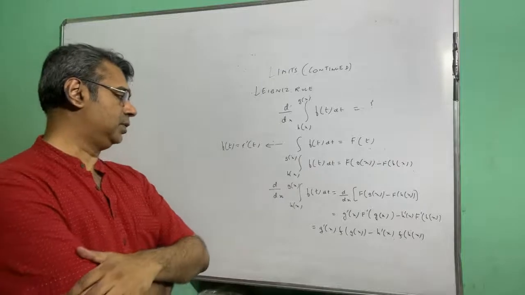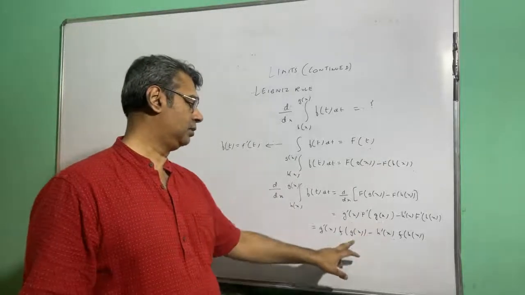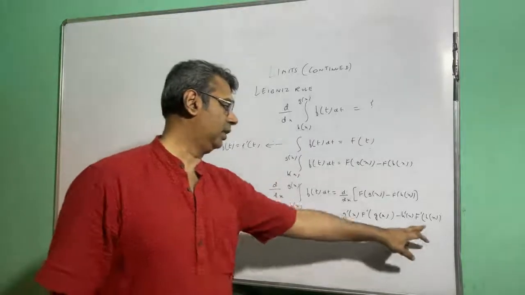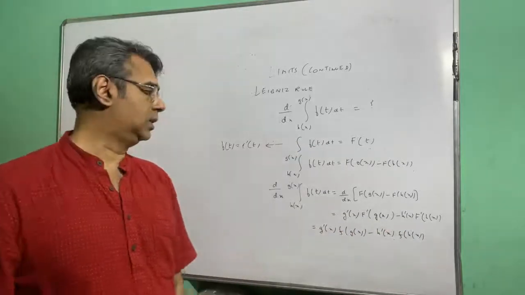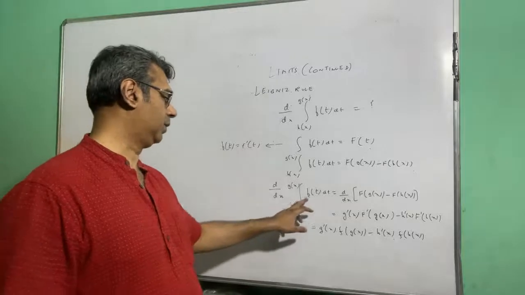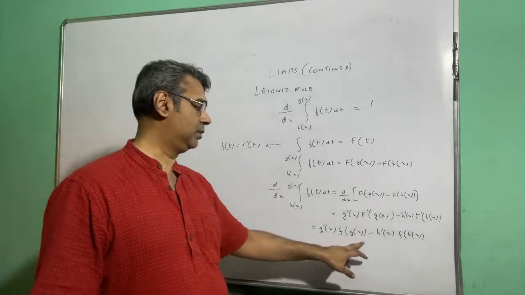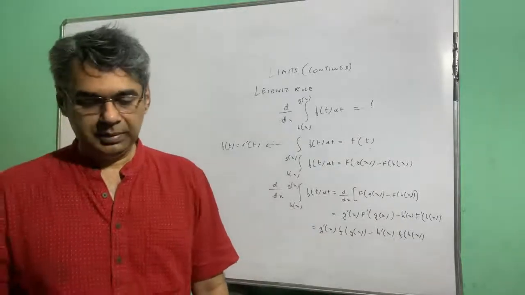And at this stage, since F dash t is f(t), F dash g(x) will be f(g(x)), and F dash h(x) will be f(h(x)). So this is the Leibniz rule: d/dx of the integral of f(t) dt from h(x) to g(x) is g dash x into f(g(x)) minus h dash x into f(h(x)). This is called Leibniz rule.